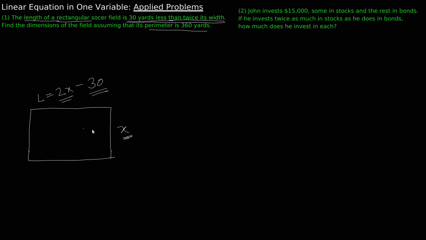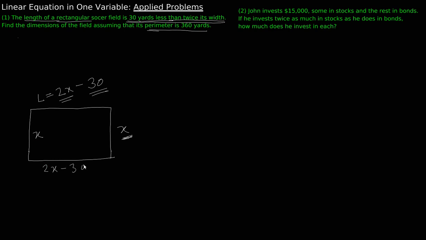If width is x, then twice the width is 2x. So length would be 2x minus 30. Now I have width and length. It says the perimeter is 360 yards. As this is a rectangle, if this is x, then this is x. If this is 2x minus 30, then this length is also 2x minus 30.